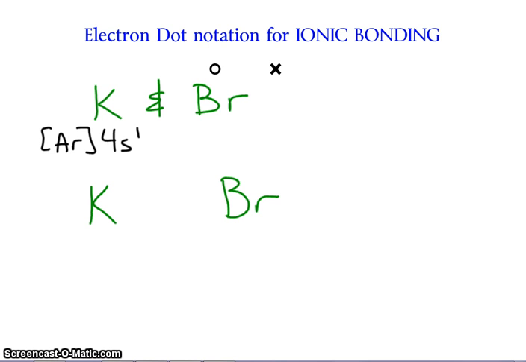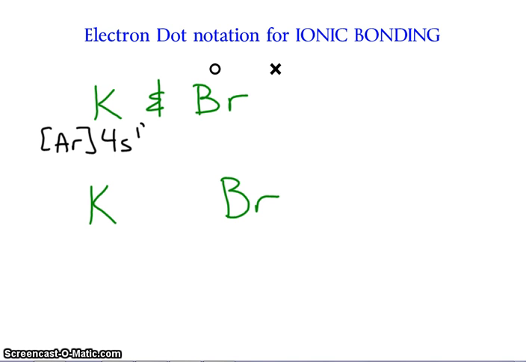What does that mean? It means that the inner electrons are configured exactly like argon. Argon, as you can see, is in the 18th column. It's a noble gas. It's not reactive. It's stable. Those electrons will not be reacting.